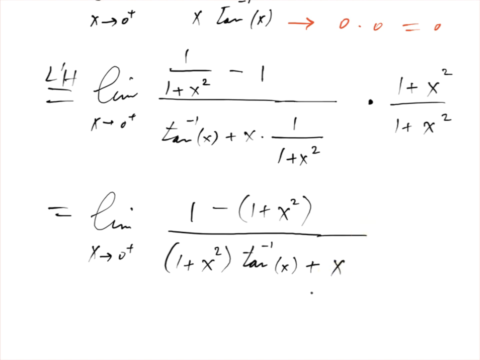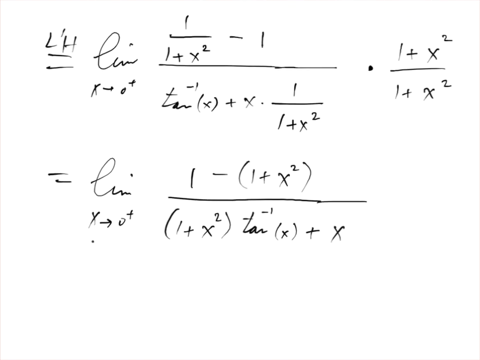Now let's try sending x to 0. As x tends to 0, the numerator tends to 1 minus 1 minus 0, which is 0. The denominator tends to 1 plus 0, times 0, plus 0, that too is 0.